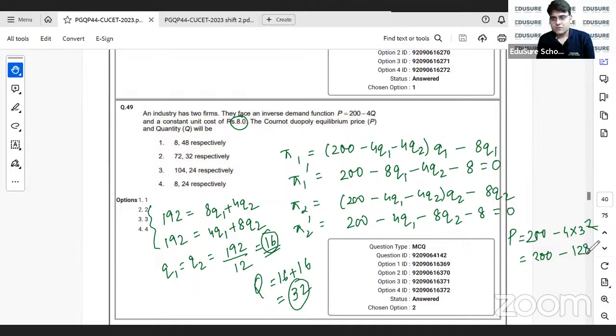So this gives me 72. 72 is the price, 32 is the quantity. Answer here is 2. That's the first question done. Now let's take a look at the second one that is asked.